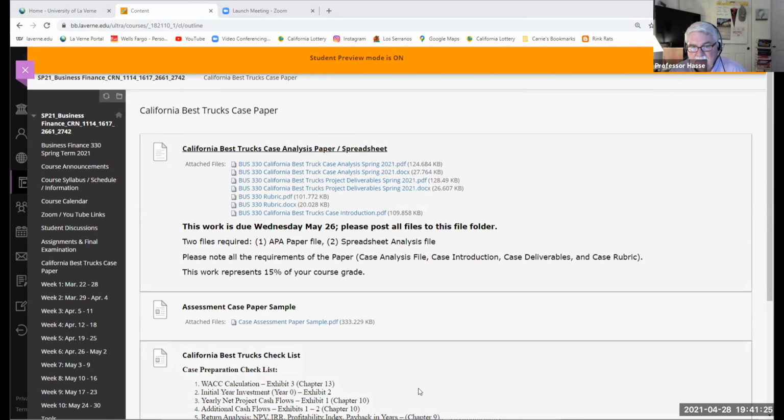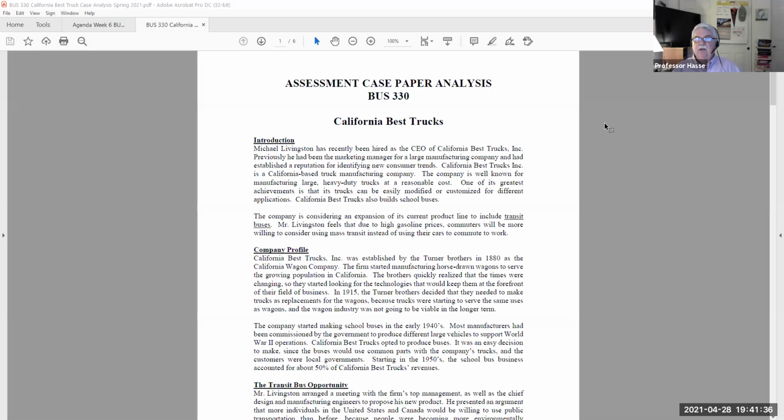And here's the paper here. The California Trucks case paper is to do an analysis for a Southern California company called California Best Trucks. And Mr. Michael Livingston, the CEO, is asking you to comment, interpret, and determine whether an expansion of a current product line to transit buses is worth their while.